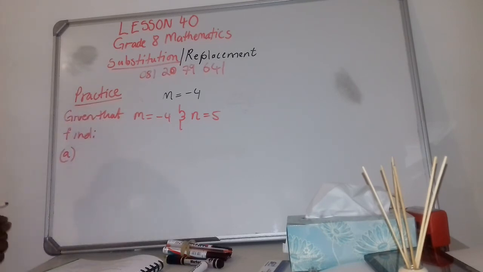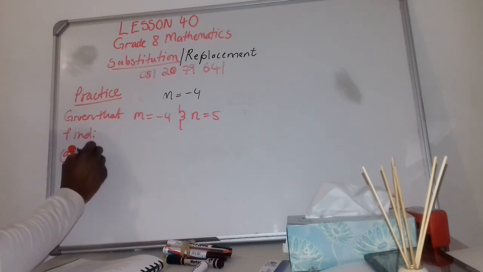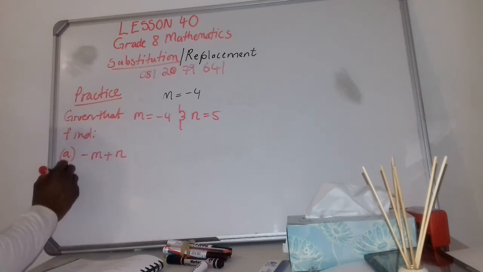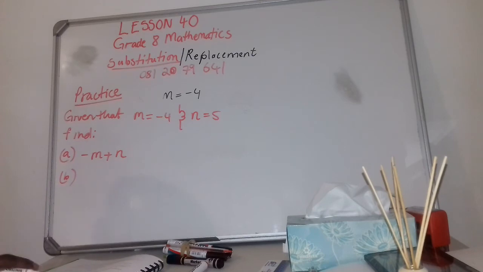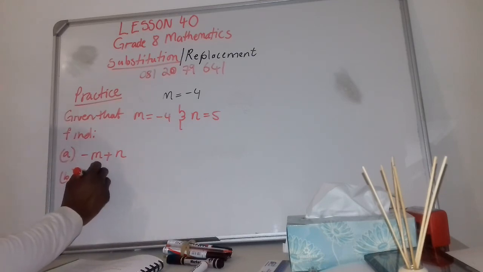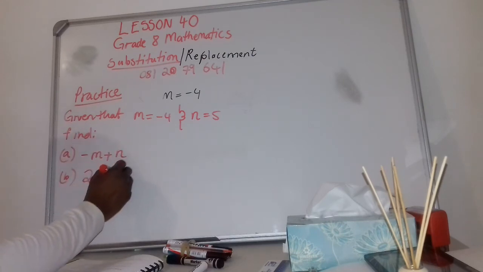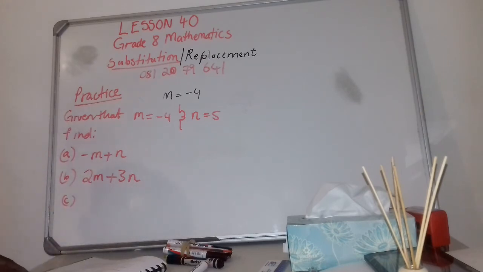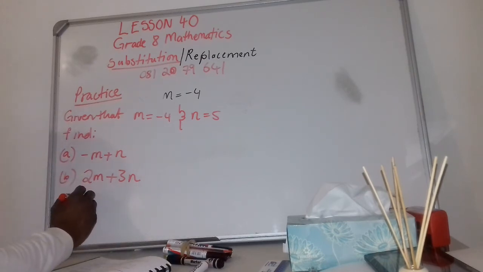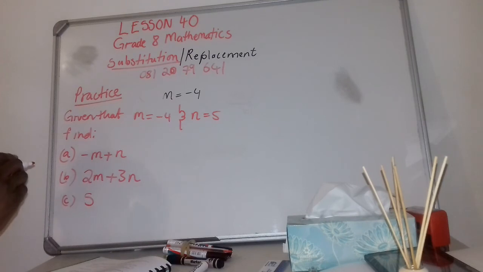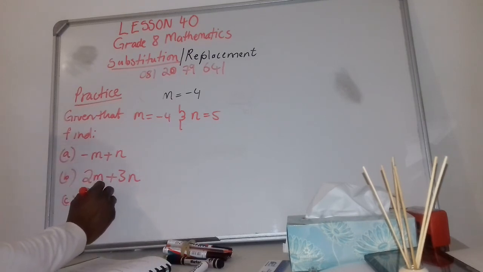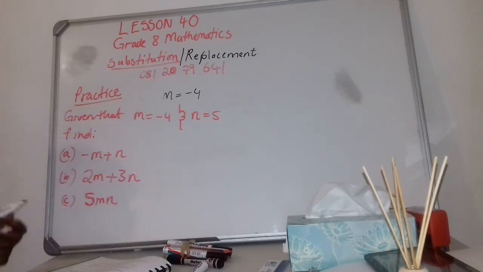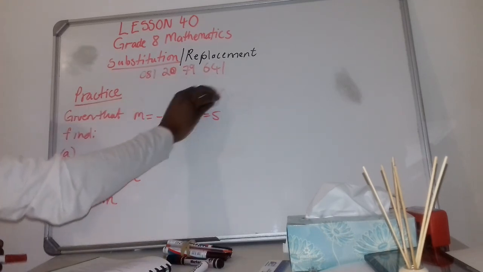A, I want you to find minus m plus n, and B, I want you to find 2 times m plus 3n, and then the last one, C, I want you to find 5mn. Please do this in your summary book, take a picture and share with me.